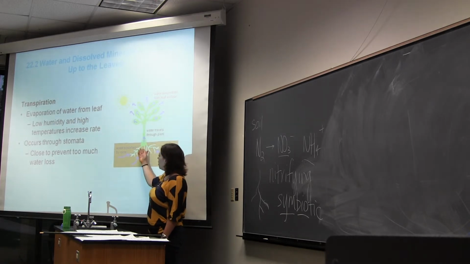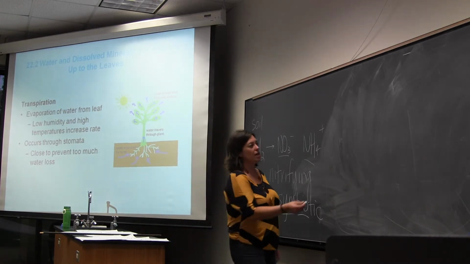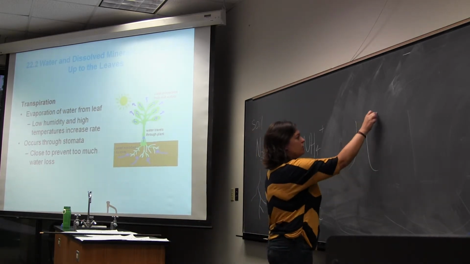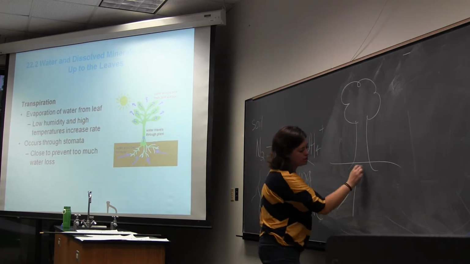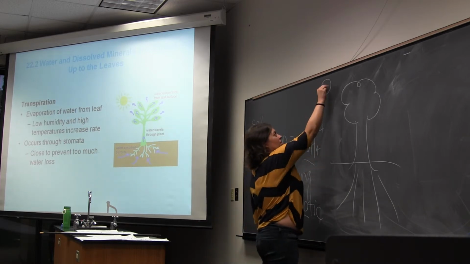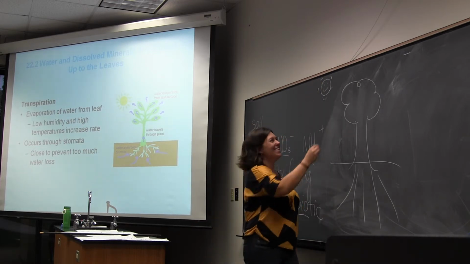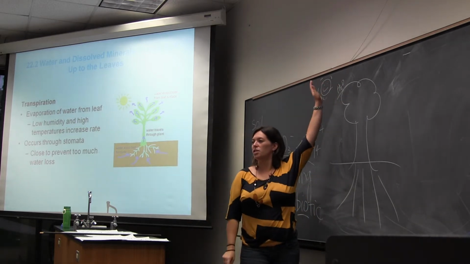Well, all of these water molecules are basically connected to one another. So if I have a tree, and here's all the roots, all right, here's the sun, it's causing this absorption of water upward towards the top.